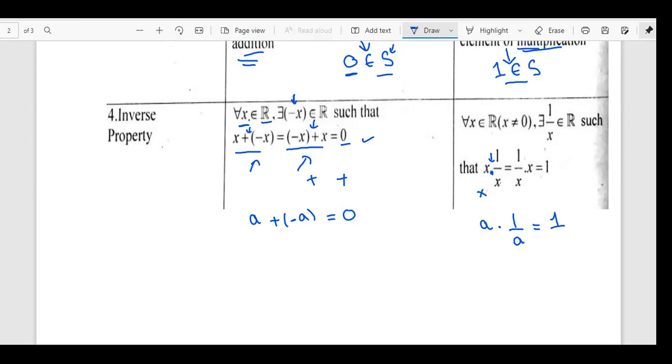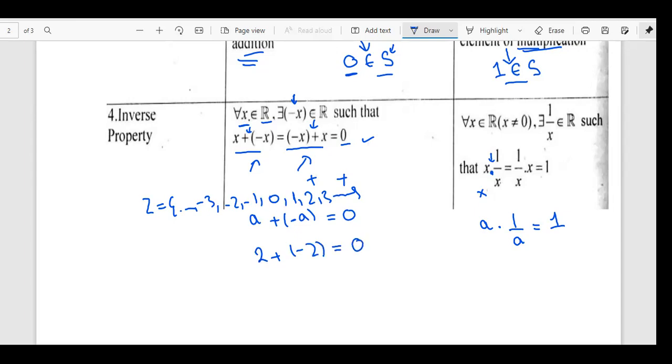If we talk about the set of integers, in integers we have negative integers, we have 0, we have positive integers, right? Now, obviously, in this case, if I say that a is 2, I do have minus 2. I do have that inverse, which when I add to my element, I will get 0.